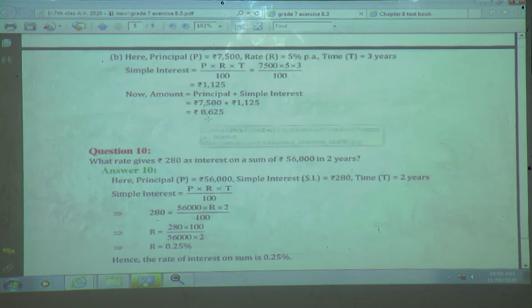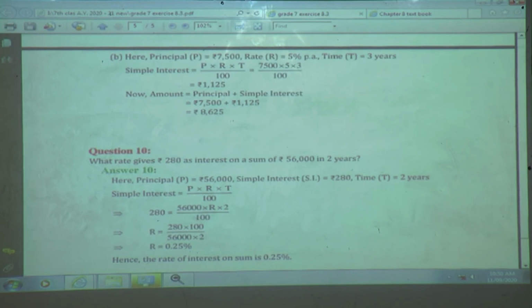Rupees 8625. After the 3 years, this amount is to be paid when you borrow the amount of 7500. After 3 years when you have to return, at that time you have to give the total amount of 8625. What was added?